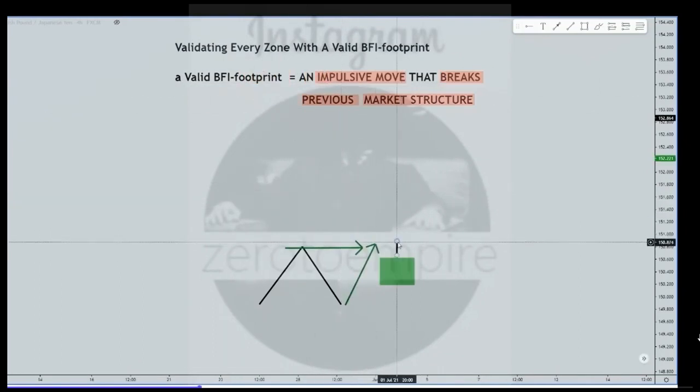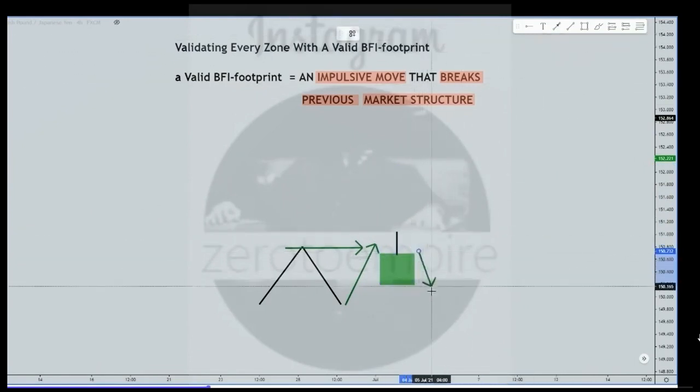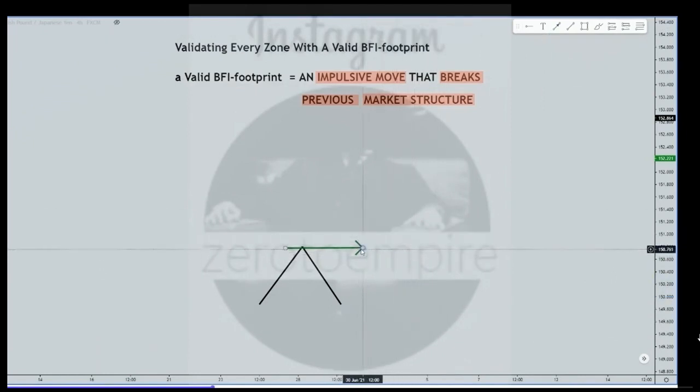And understand that it could be a body that closes above, or it could break and end up as a wick and maybe even a down move after that. But the way it breaks is also important to differentiate with a footprint.